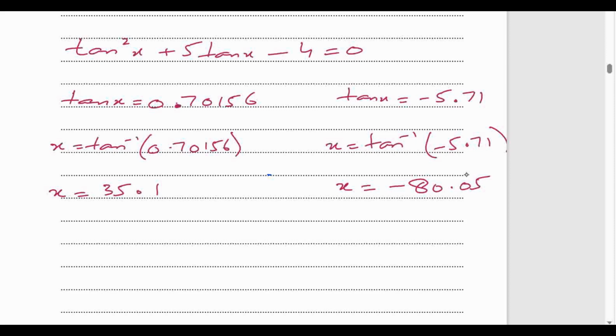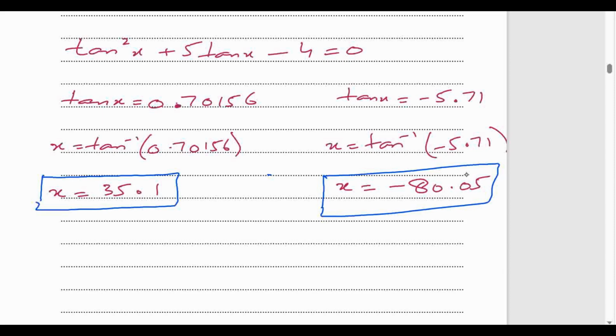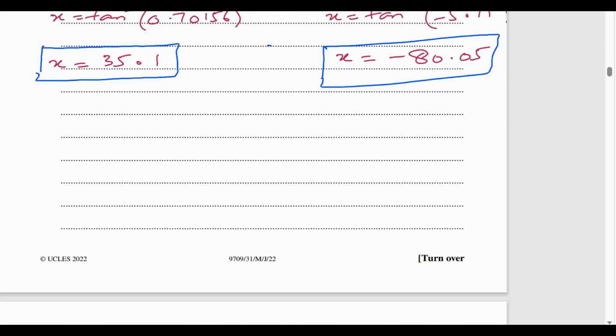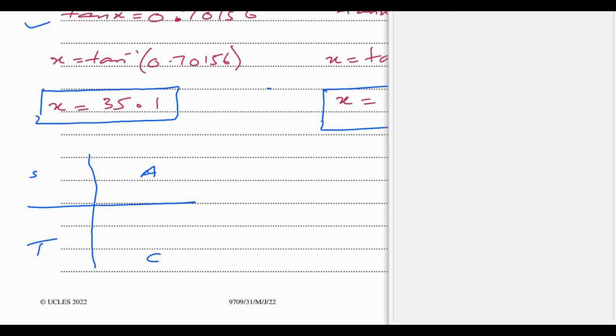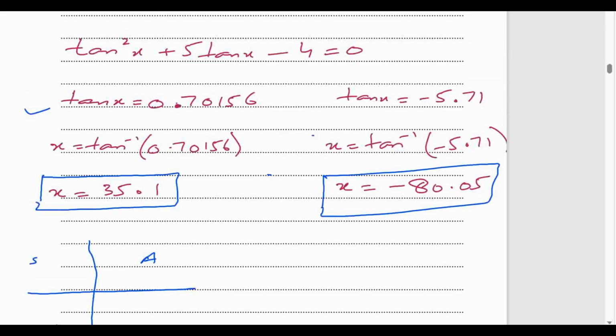Now we are going to discuss कि जब आपके ये आंसर्स आ जाएं तो उसके बाद आपने एक कंडीशन को चेक करना है जस्ट टू वेरीफाई योर आंसर्स कि आपकी आंसर्स जो है गिवन रेंज में है या नहीं. ये सारी वैल्यूज फाइंड करनी है. So this will be CAST. Now for the first part we can see that 35.1. So as we can see that tan of x is positive here. So positive का मतलब ये है tan of x is positive here.